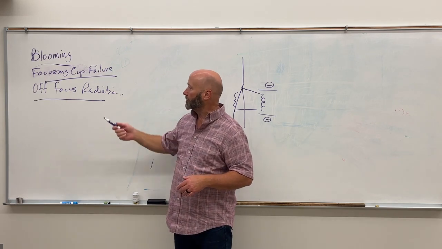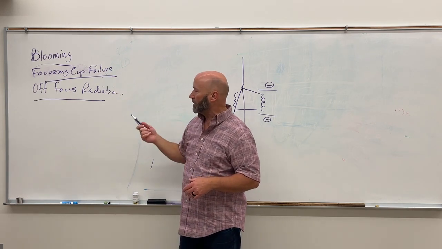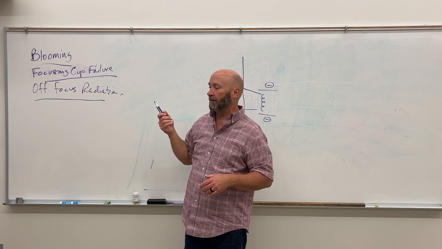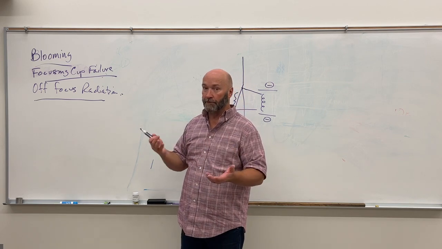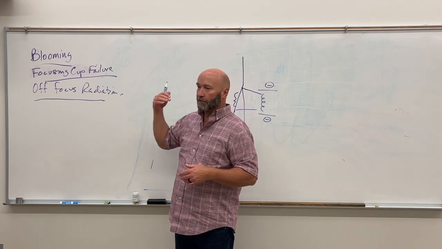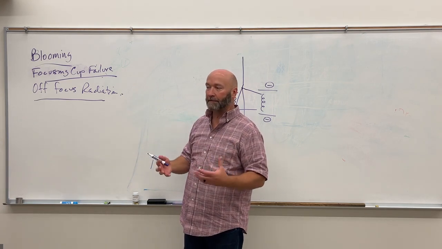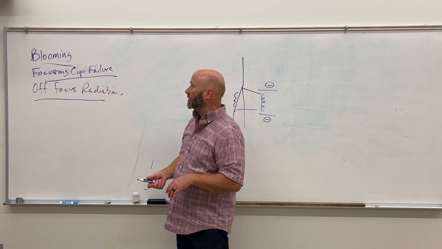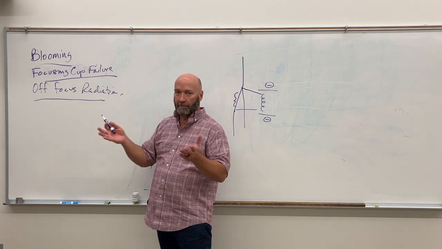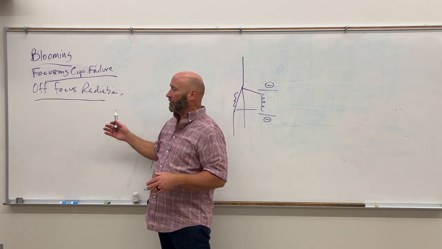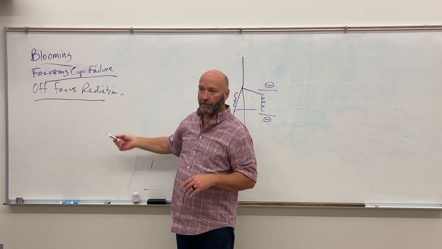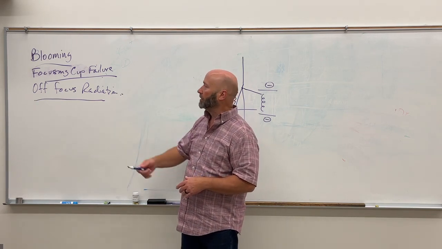And blooming occurs even if the focusing cup is functional. Blooming occurs because you use very high MA or long prep times, and you overpopulated essentially your electron cloud, so that when you hit it with a KVP, they spread out and interact on the target in a larger area. In all three cases, you lose sharpness of recorded detail.